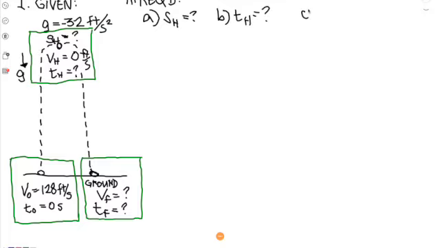And for C, we're looking for the speed, the final velocity. If you can see here, at this point we are looking for the distance S sub H at the highest point, the time to reach that point where the velocity is 0, and C, when it falls down.